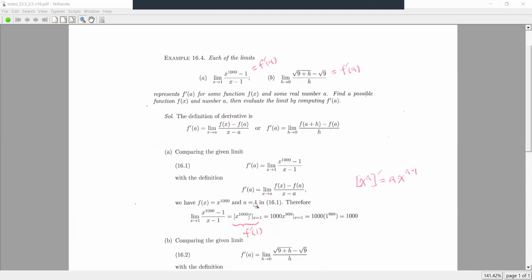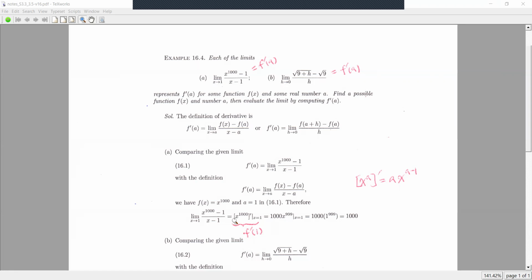Function f is x to the 1000. f of a is 1. Therefore, the answer to part A is the function is x to the 1000. The point a is 1. So this limit is equal to derivative of the function at 1.